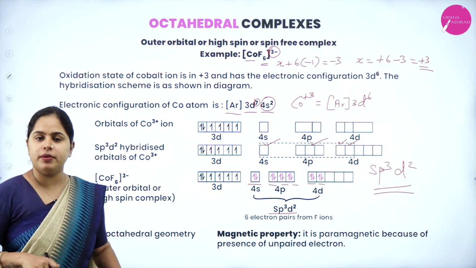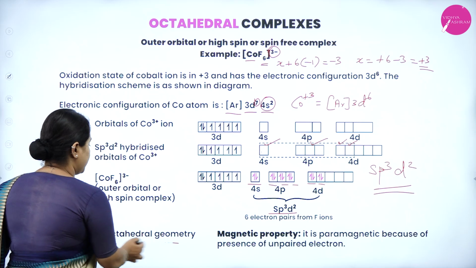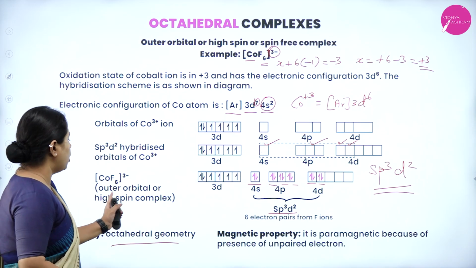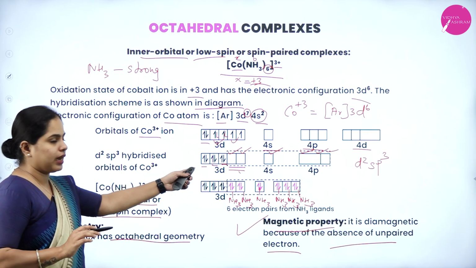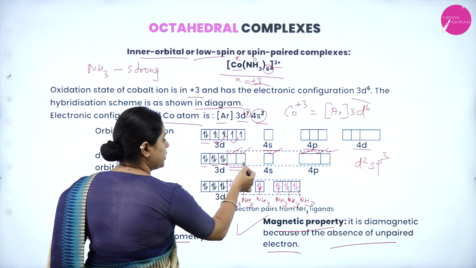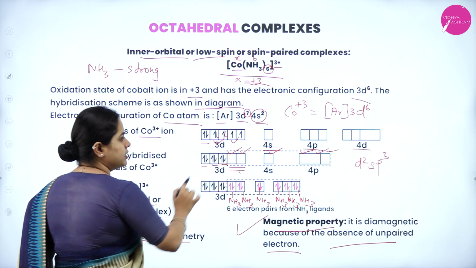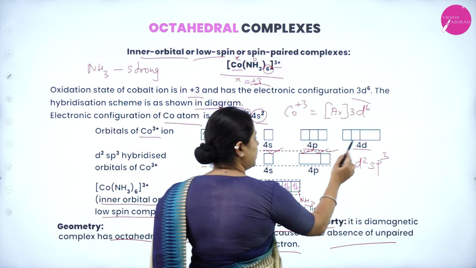Now coming on to the geometry, we have already discussed if it is sp3d2 or d2sp3, it is octahedral geometry itself. Now coming on to whether it is inner orbital or outer orbital. In the earlier case, we classified it as an inner orbital complex because from the inner d itself, that is 3d, we were considering the 2 d orbitals. This is your outer d, that is 4d.